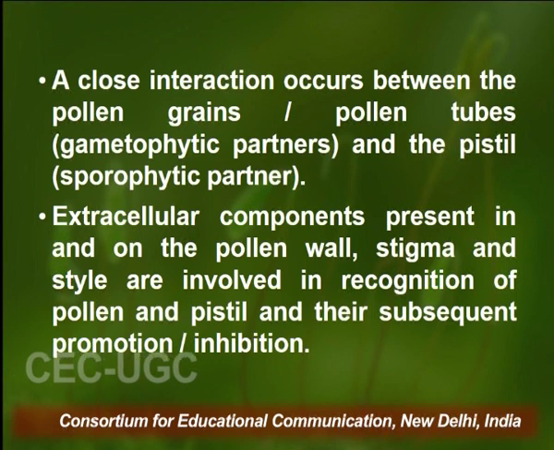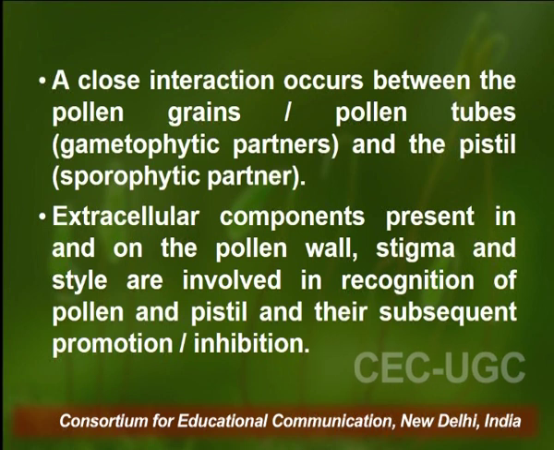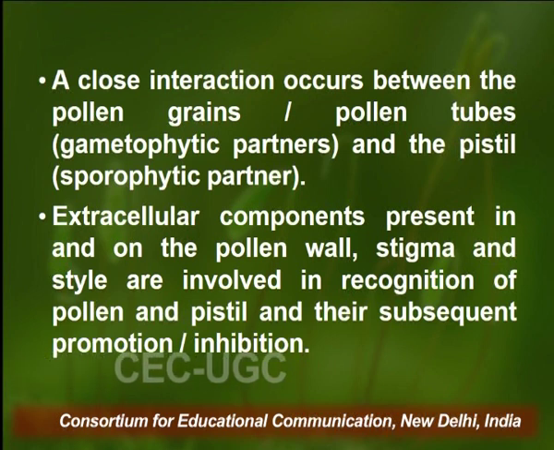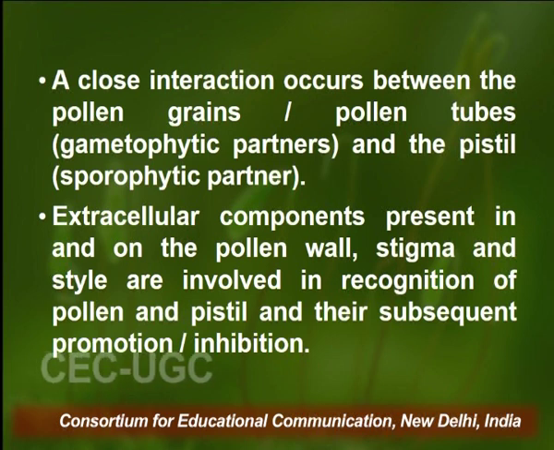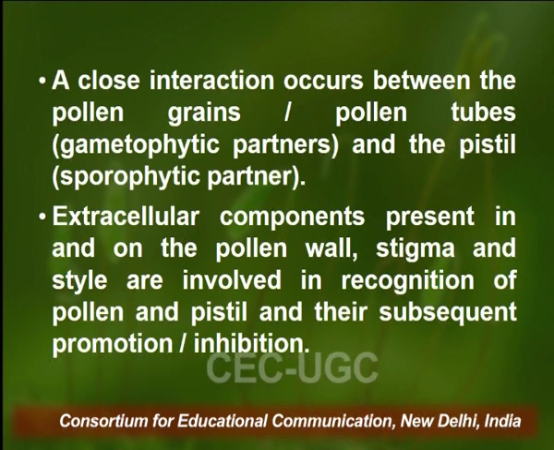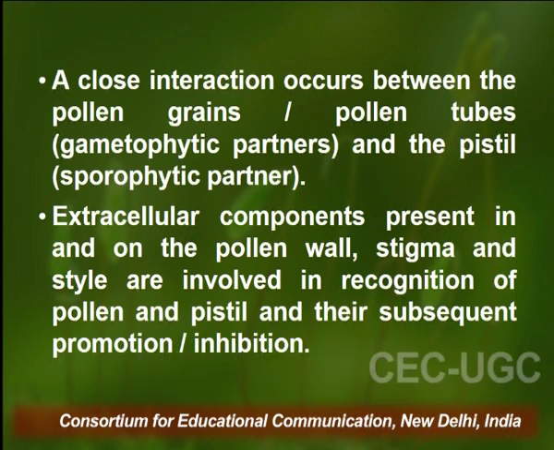Now, a very close interaction occurs between the pollen grains, or sometimes the pollen tubes, which are the gametophytic partners, and the pistil. So, pollen grains are the gametophytic partners, the pistil is the sporophytic partner. There is an interaction between these two, and there are different peptides and different proteins which are secreted.